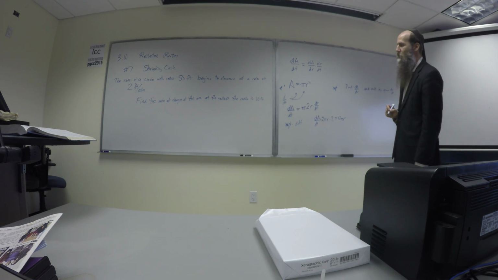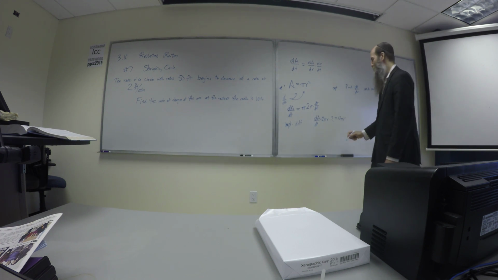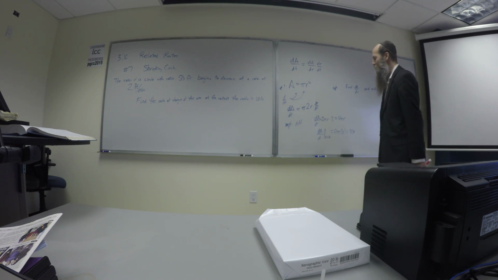Now, it says at the instant the radius is 10 feet. That's the only letter I have now, so I just need to plug in 10 for r. And I'll know the change of the area with respect to time right at the moment I want, when r is 10. So we get 4 pi times 10, so 40 pi.